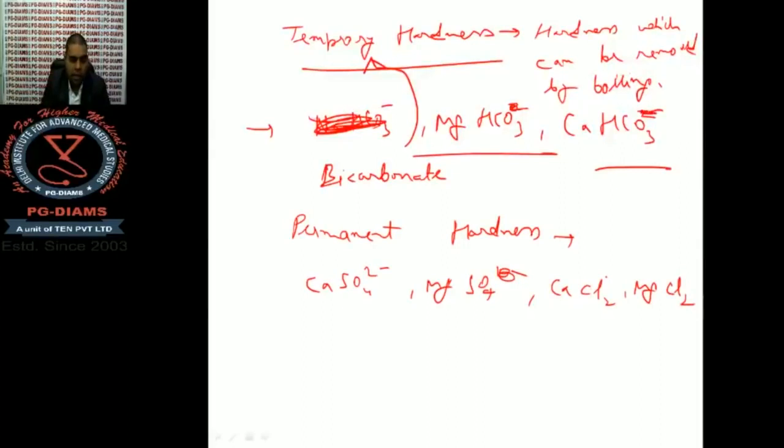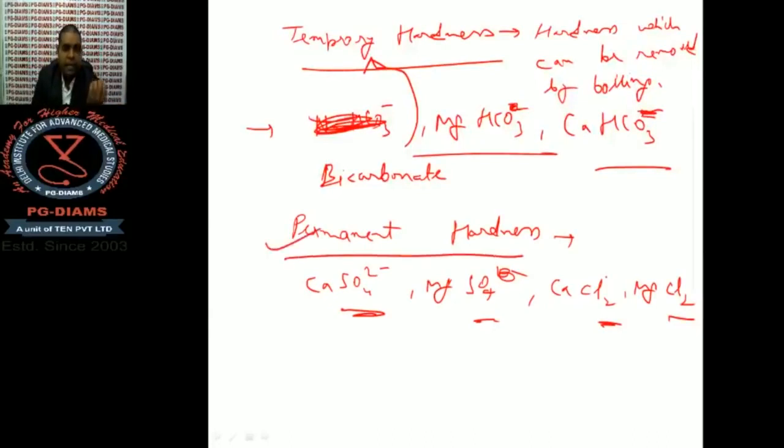Sulfates and chlorides do not go away just by boiling the water. That means it is permanent hardness. But temporary hardness can go off by boiling.